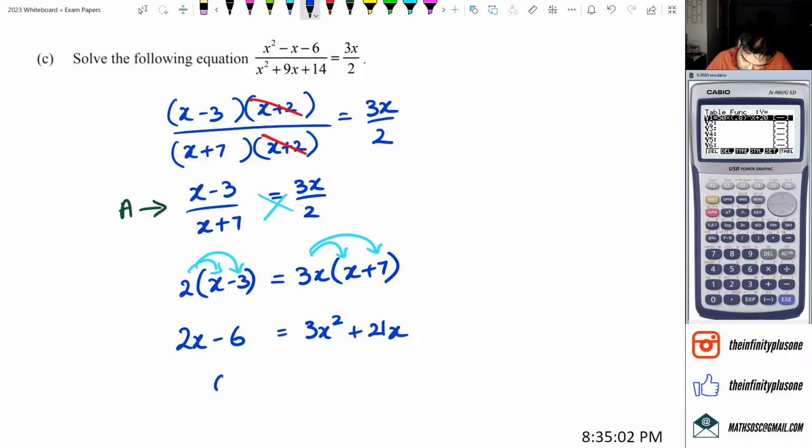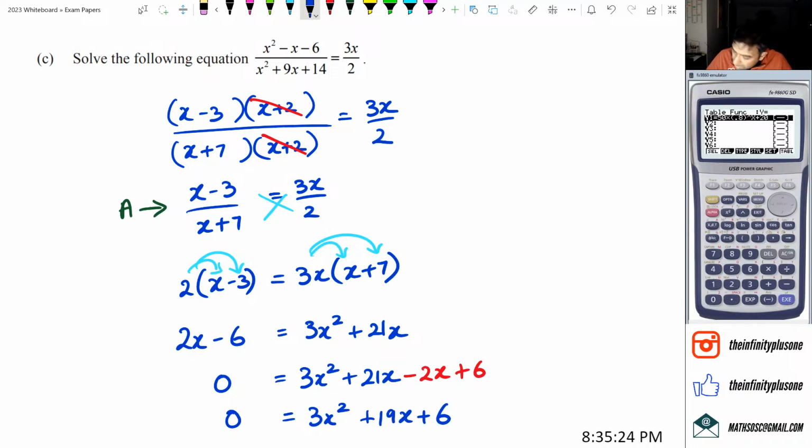Rearrange this so that the left-hand side is 0. It doesn't matter, you could make the right-hand side equal to 0 as well. My positive 2x, when I switch it over, becomes minus 2x. And negative 6, switched over, becomes positive 6. Simplifying this, I get 3x squared plus 19x plus 6.